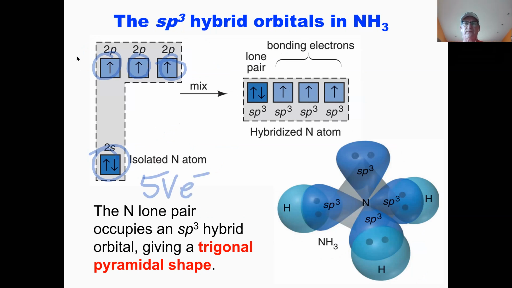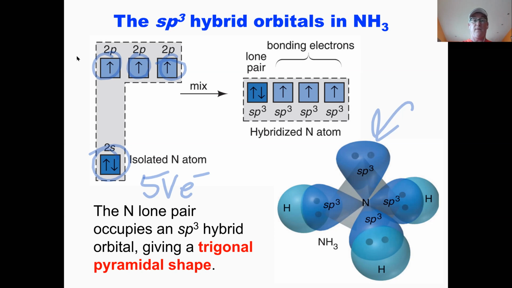But there are four places we need to put electrons, right? Because we have this lone pair, and we can't neglect the lone pair. That is a region that's going to have electrons in it, so we have to remember to have a place for that too. So we're going to need four places to put electrons again.